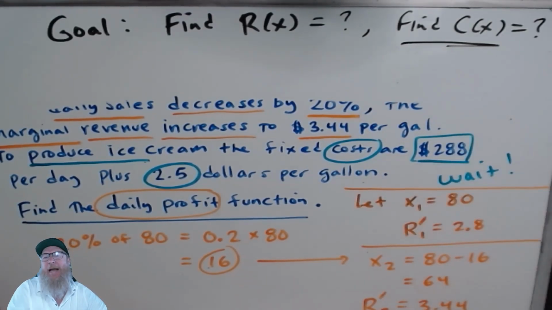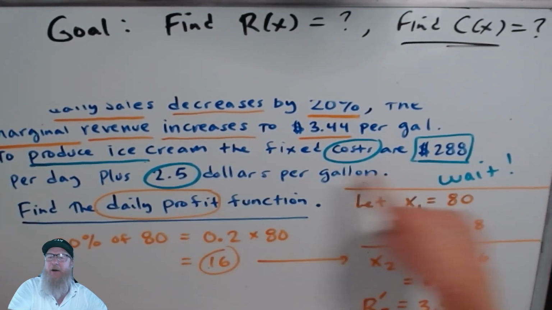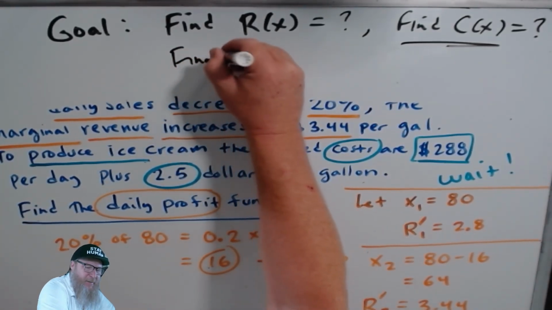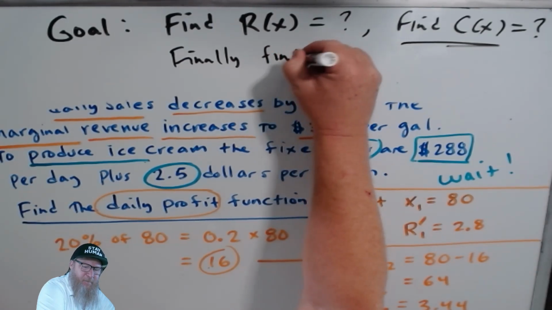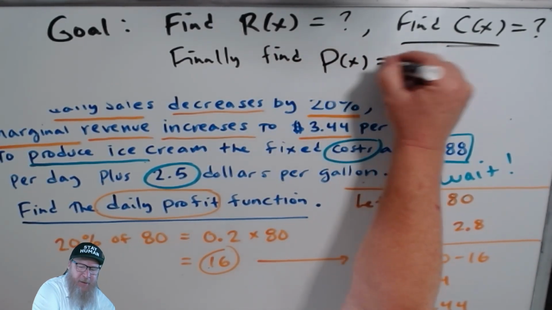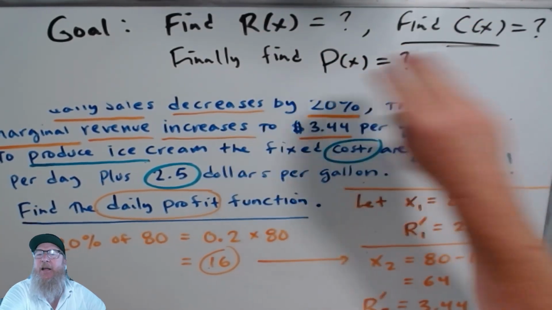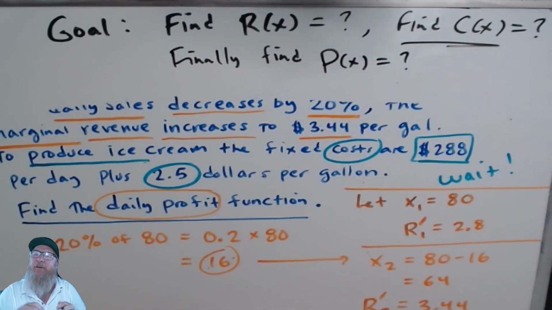I mean, you could do it right now if you really wanted. And then finally, find profit, capital P. So we have three steps. First we find R, then we find C, and then we put the revenue and the cost together to find P.